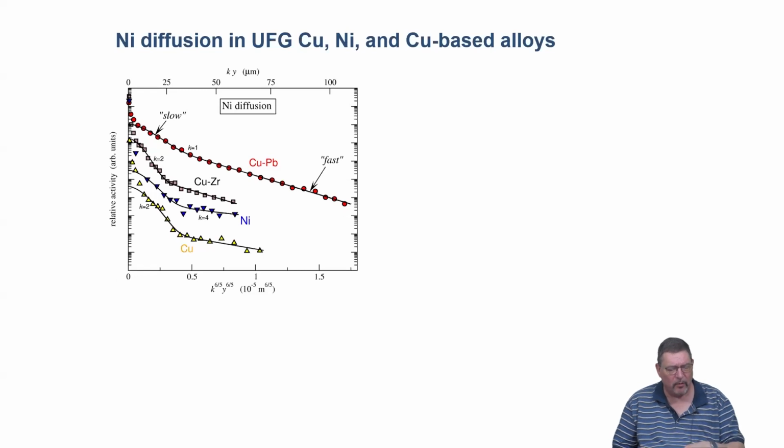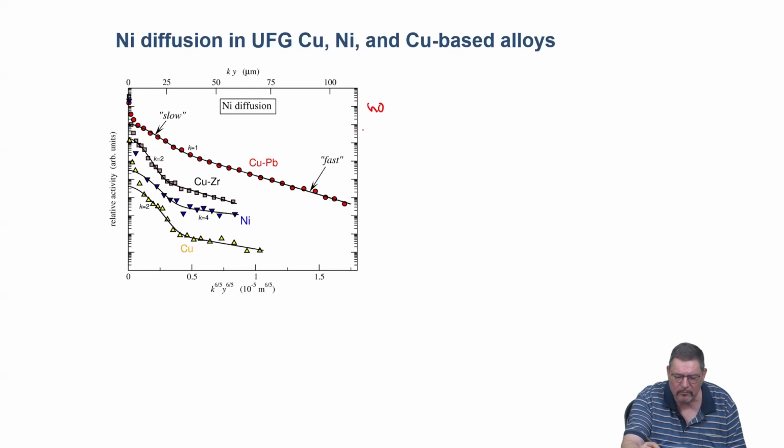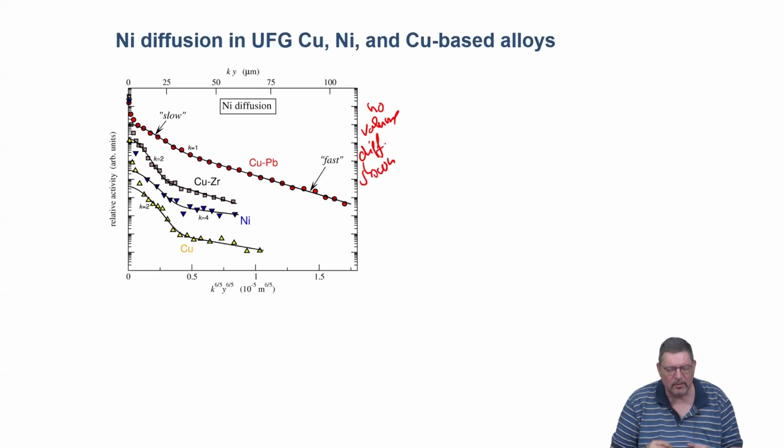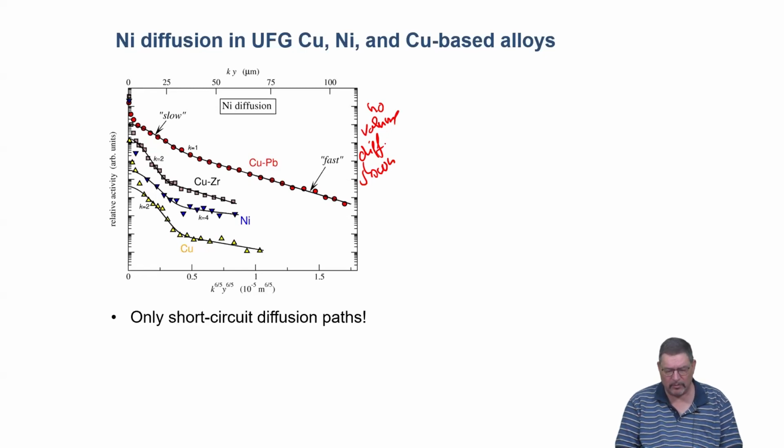There is no volume diffusion shown here. So all these measurements were done in pure C-type regime. So we have different types of grain boundaries. Some have a higher and some have a lower grain boundary diffusion coefficient.